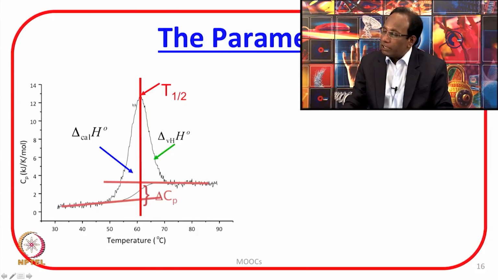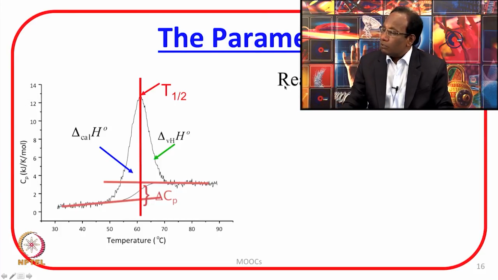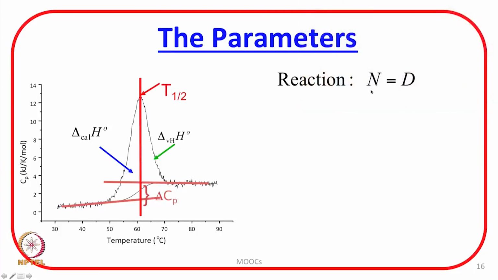Why it is called Tm and T half, I will discuss with you in detail. In one of the previous lectures, you remember I labeled this as Tm, that is the temperature where heat capacity is maximum. Now, we are talking about this reaction, native to denatured reaction. You are heating the protein from the native state and taking it towards the denatured state.